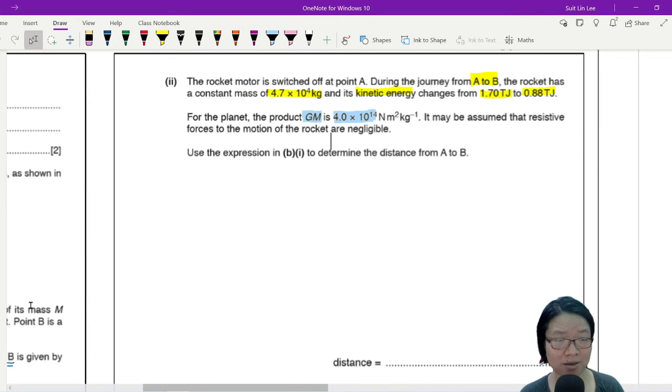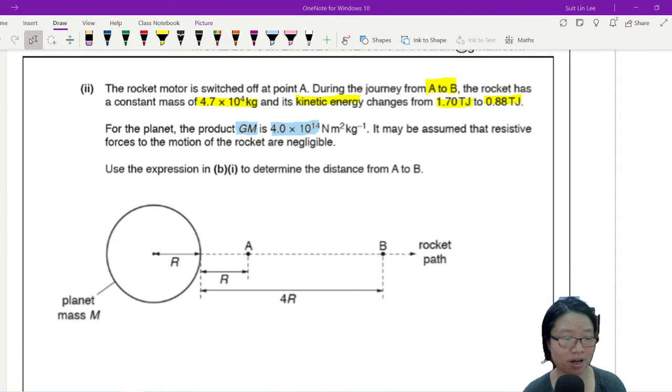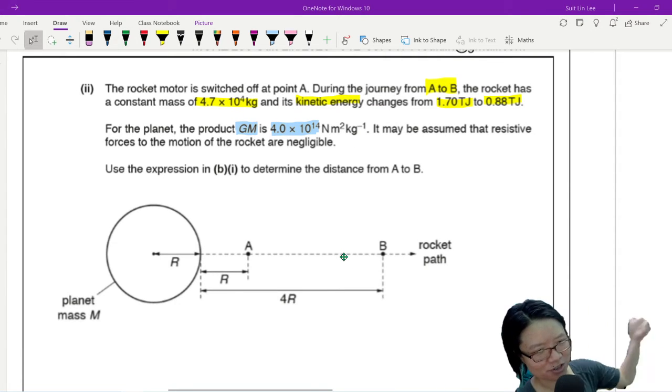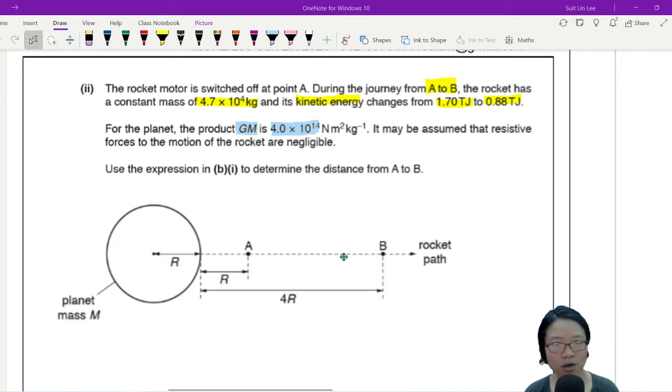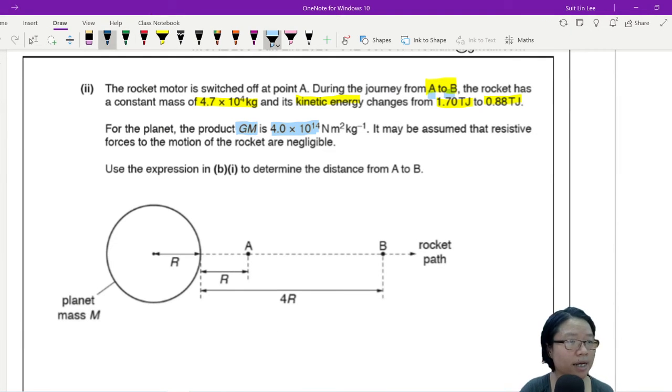I'm going to import the picture over to discuss. I have cropped another picture of the same picture that's given in the question. Now we are moving from A to B. Where is A? A is here. We're going to travel our little rocket ship. Is my drawing okay?